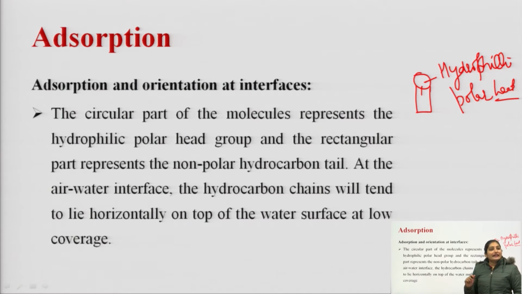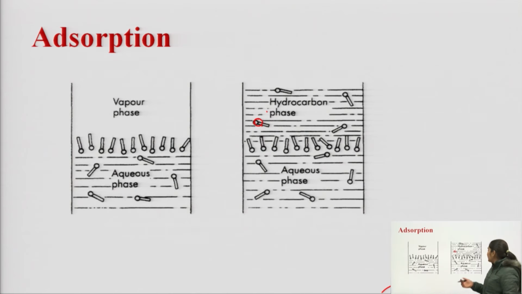At the air water interface, the hydrocarbon chain will tend to lie horizontally on top of the water surface at low coverage. As shown in this diagram, this is the aqueous phase, the water phase.